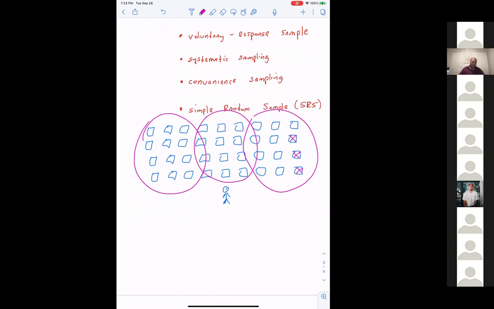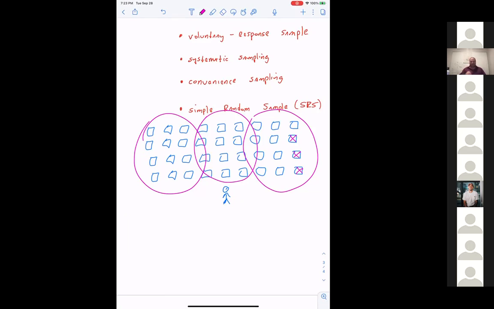The hat method is a simple random sample because any 3 are just as likely to be picked as any other 3. Where this way, it's random, everyone has an equal chance to be picked, but not every group has an equal chance to be picked. The difference between random and simple random.